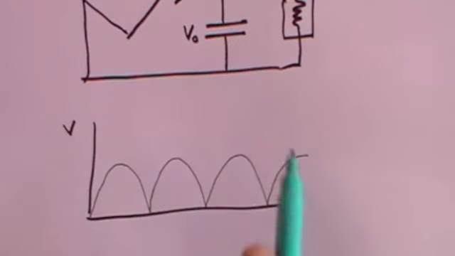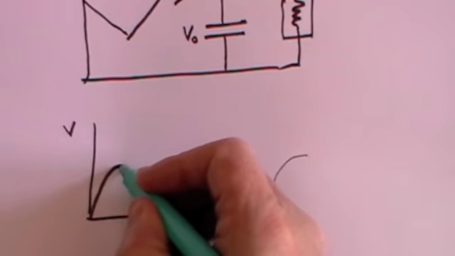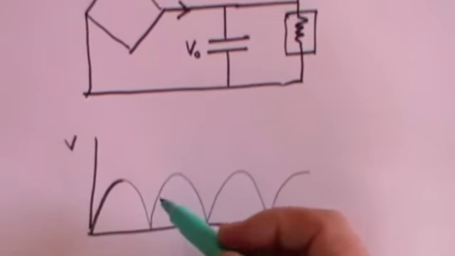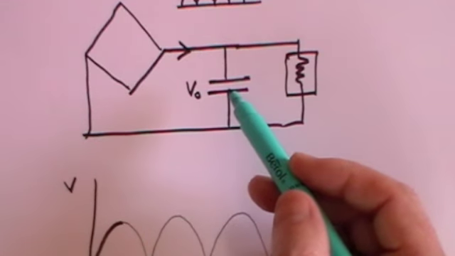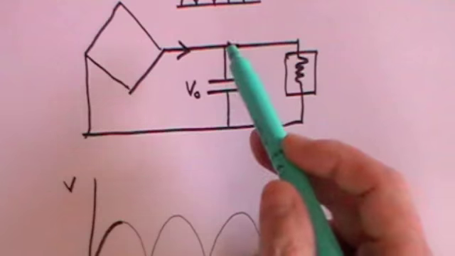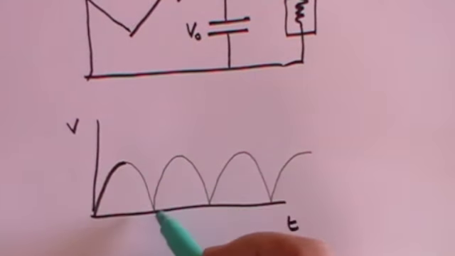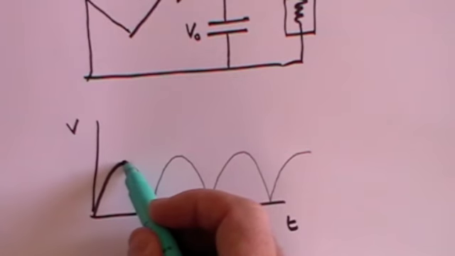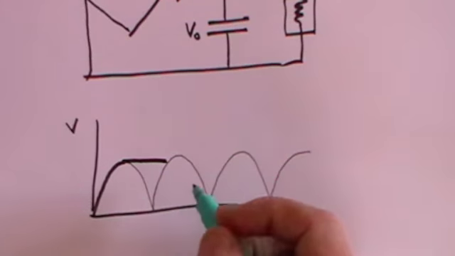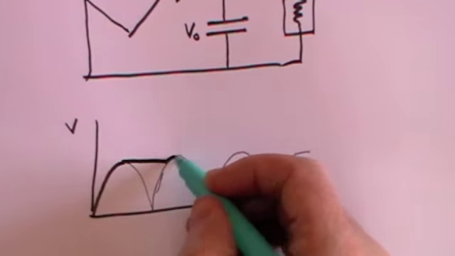So what happens is that when the capacitor is charged, this current falls, but the capacitor takes over as a kind of battery and maintains the voltage across the computer. So whilst the current is going down, the capacitor will discharge a little, but not much. And then the current comes back up again to recharge the capacitor.